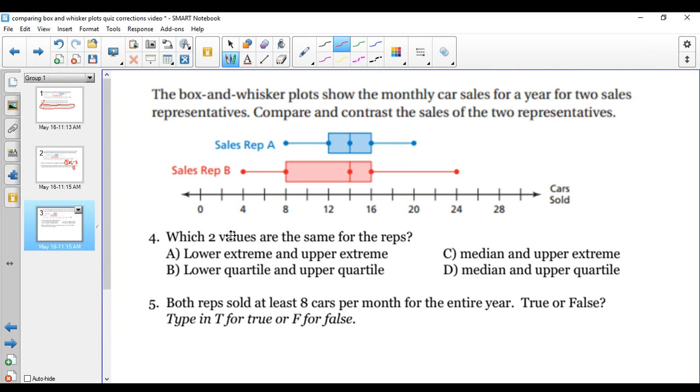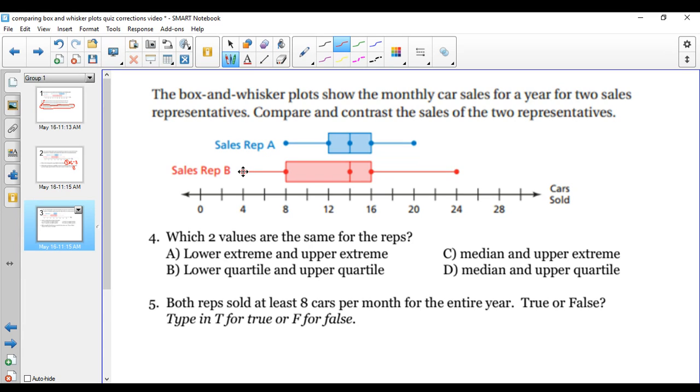Okay, number four, and this was the most commonly missed of the 5 questions. Percentage of accuracy for the rest of them was pretty high, but this one I want to say was maybe 50-something%. So it says, which two values are the same for the reps? So choice A says lower extreme and the upper extreme. Okay, well, the lower extreme for sales rep A is 8.